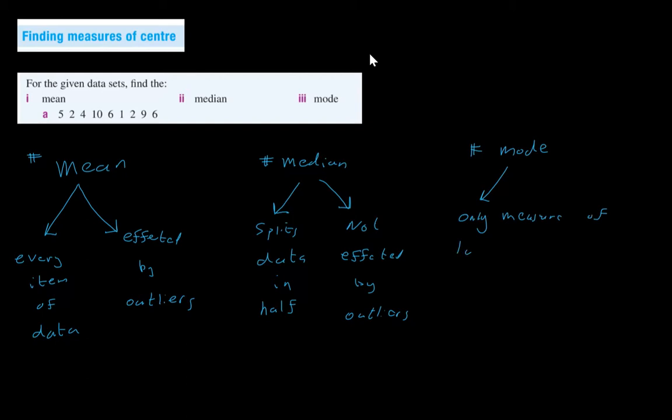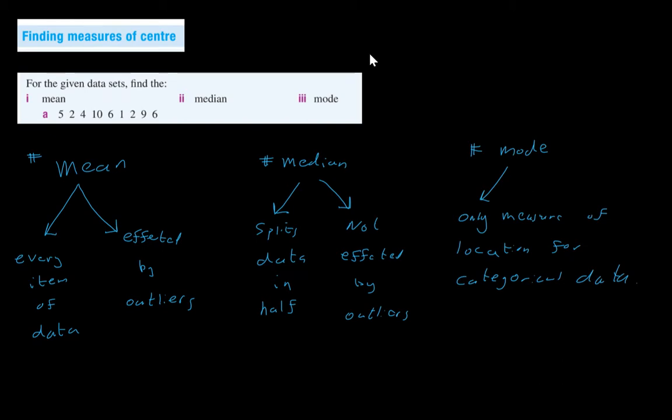So, for instance, your favorite color, eye color, the month you were born, and so on and so forth. Okay, so these are some of the advantages and limitations of the mean, median, and mode.